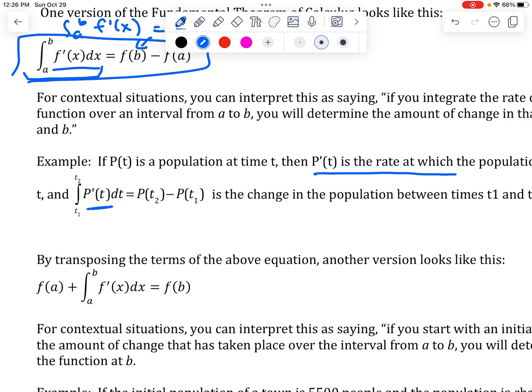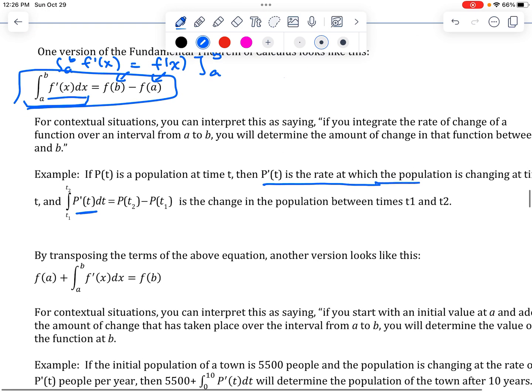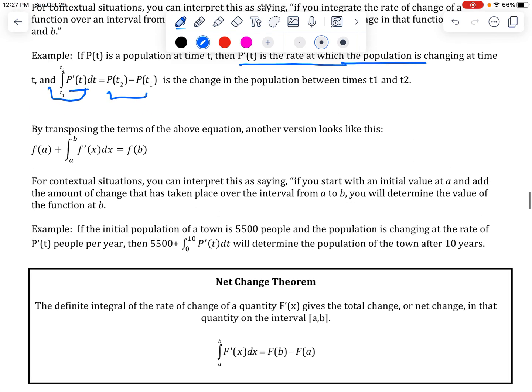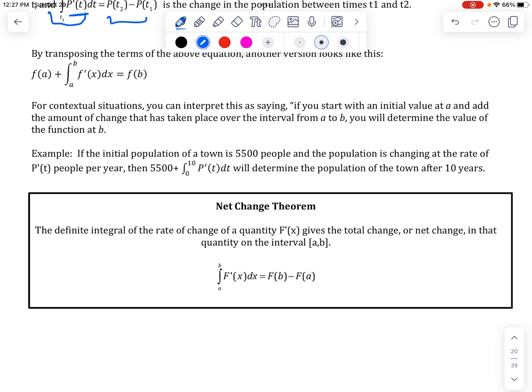If P prime is the rate at which the population is changing, when you integrate that, you get P of t2 minus P of t1. This gives you the net change in the population between the two times.